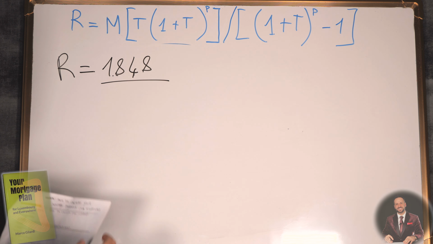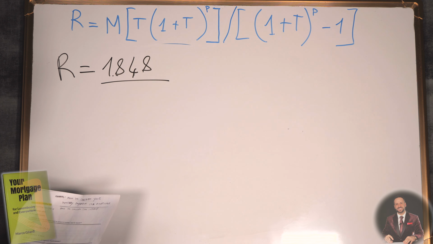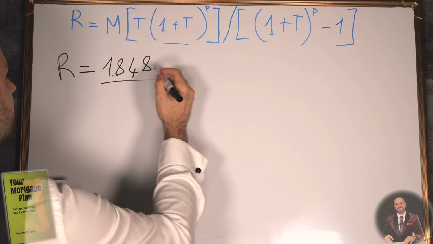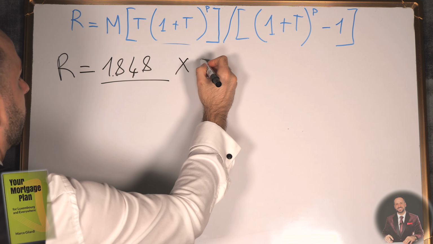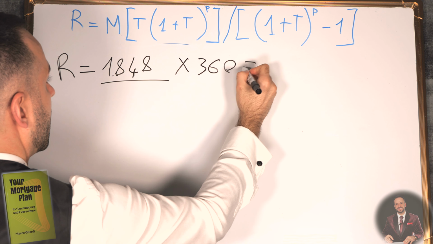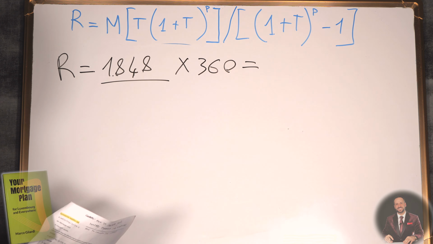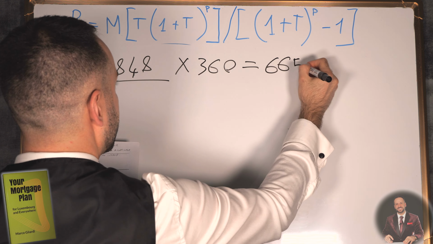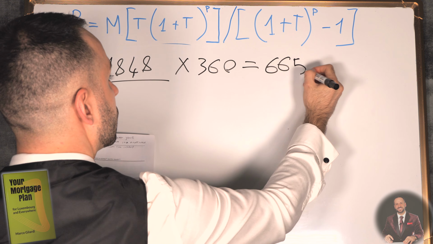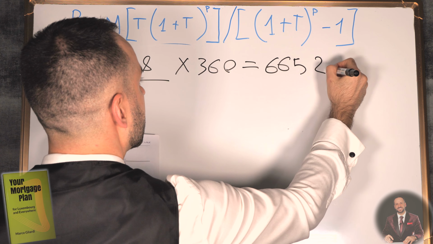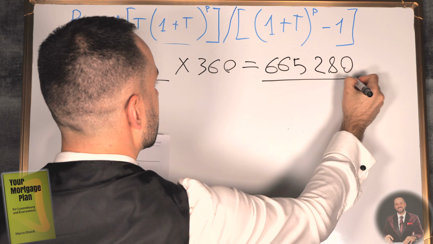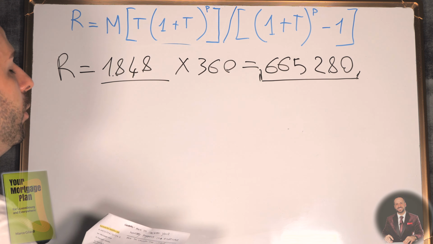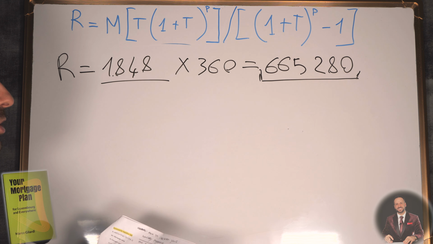So now, how to calculate the interest that we are going to pay in total is simple, because we have to multiply this by 360 and we will have a value which is 665,280. This one.